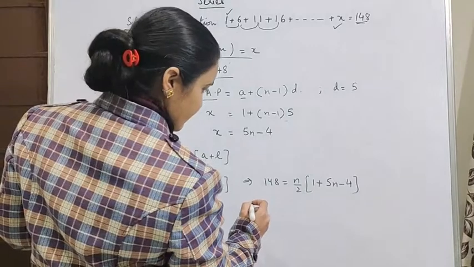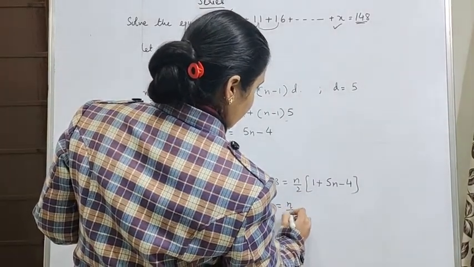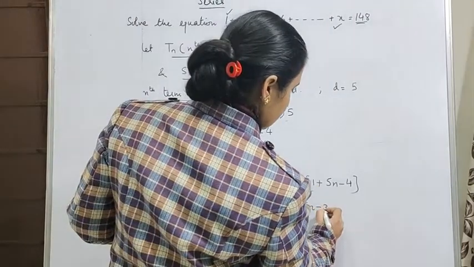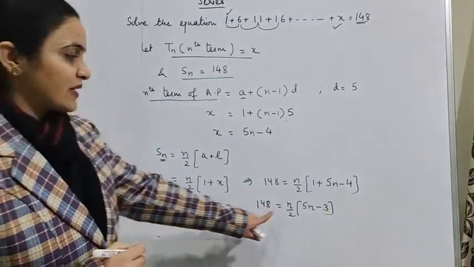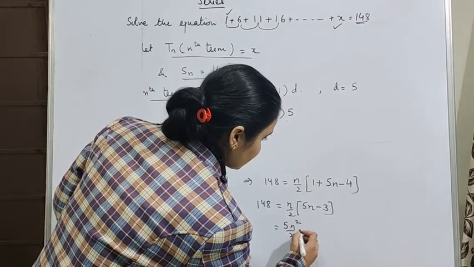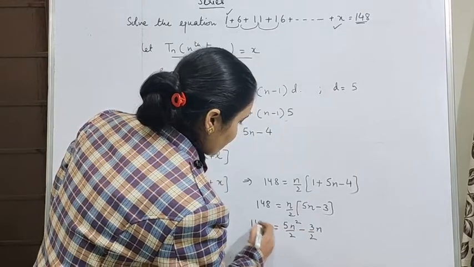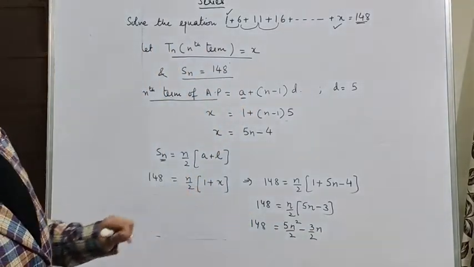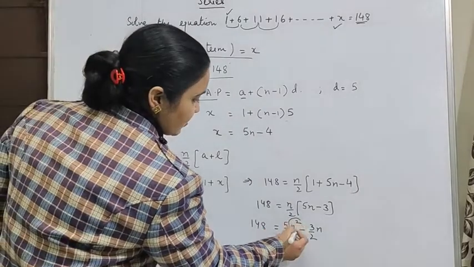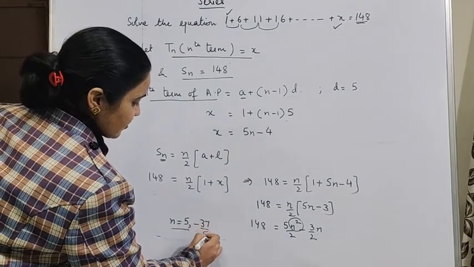So you have 148 equals n by 2 times (5n minus 3). After solving this, you will get a quadratic equation: 5n squared by 2 minus 3n by 2 is equal to 148. After solving this quadratic equation in n, you will get the value of n as 5 and minus 37 upon 5.